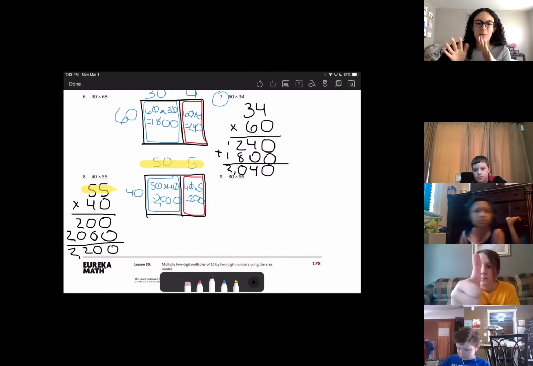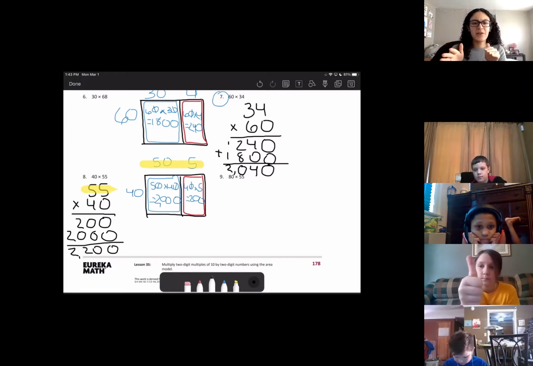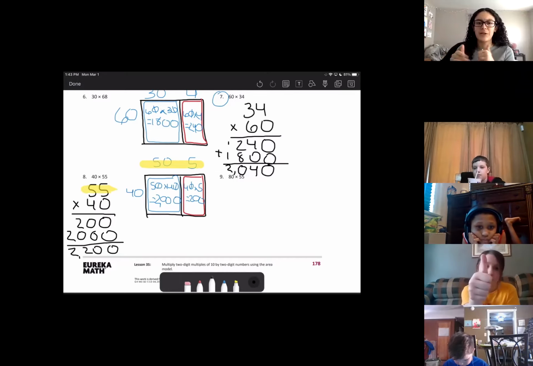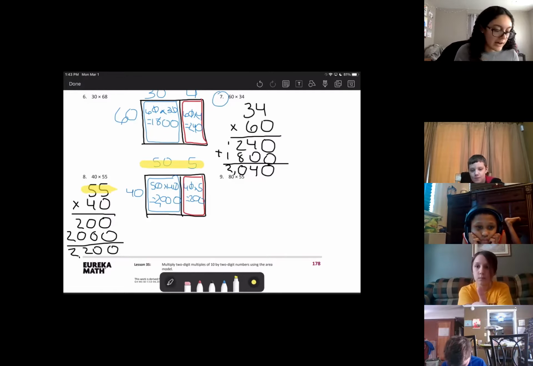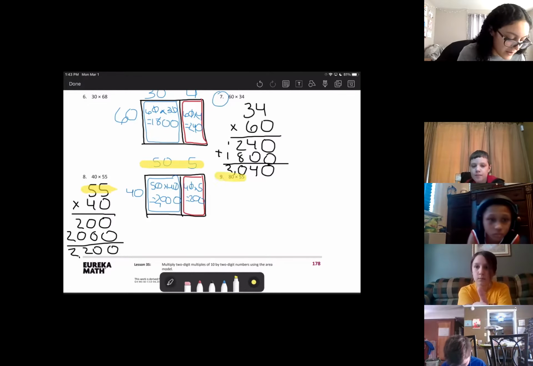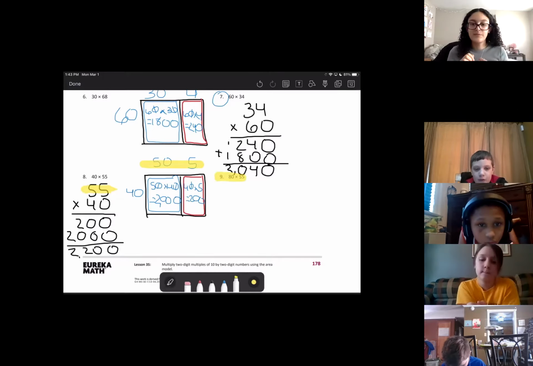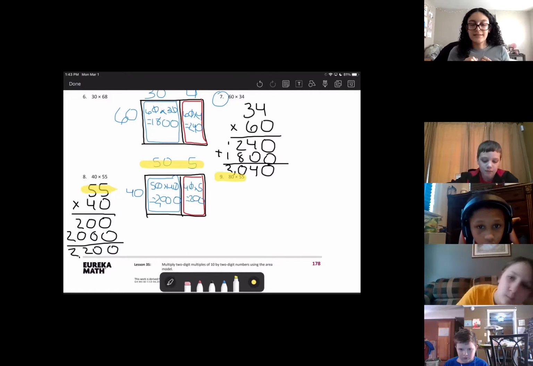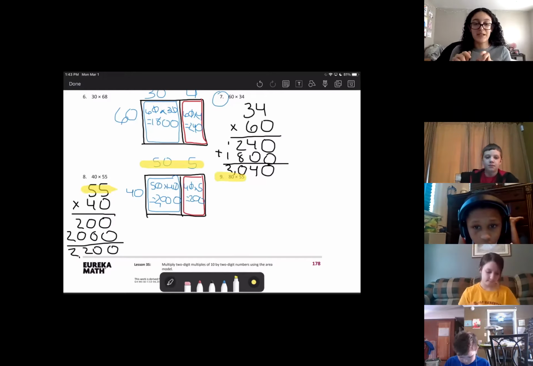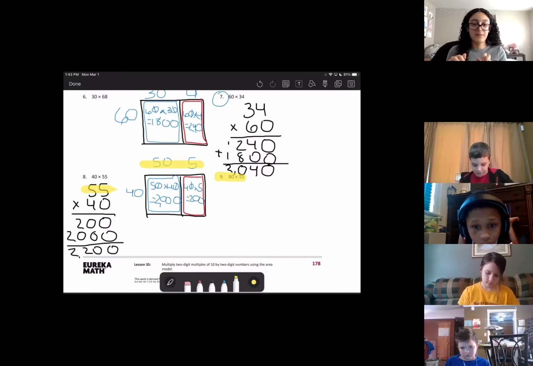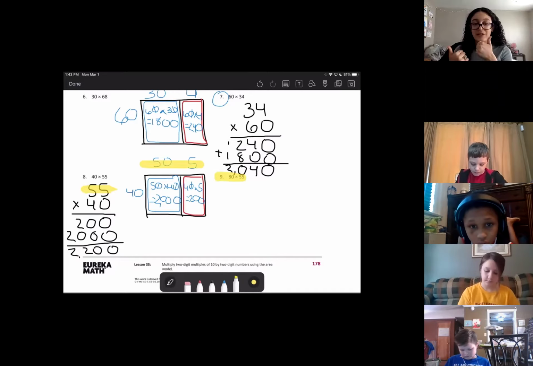It can be a little bit tricky, but I think the area model really helps you figure out how to do 2-digit by 2-digit. All right, since we're all feeling pretty good, I want you to try to do number 9 on your own. Since we finished a little early, work on number 9 on your own and then type your answer to me in the chat so that I know you're on the right track.